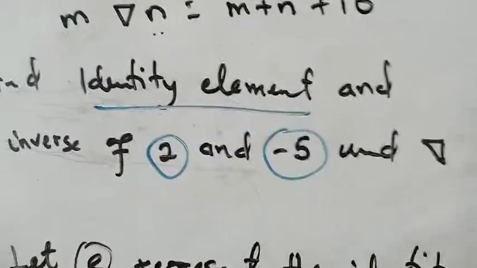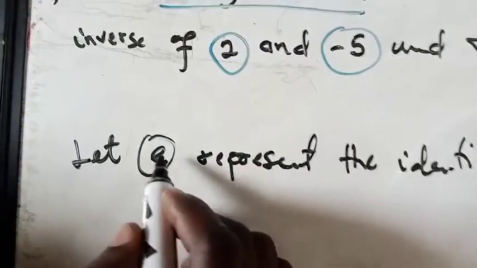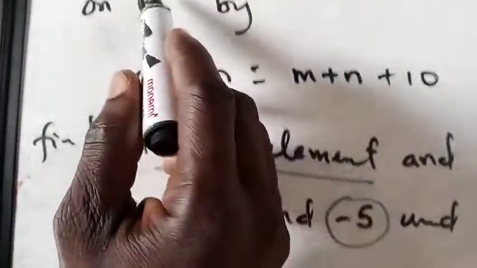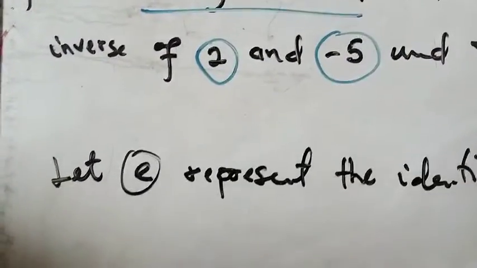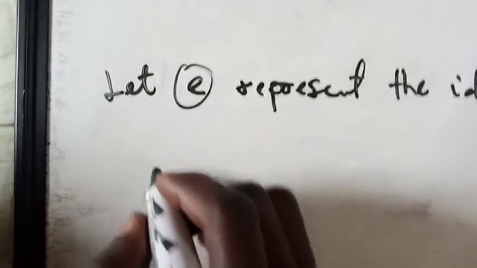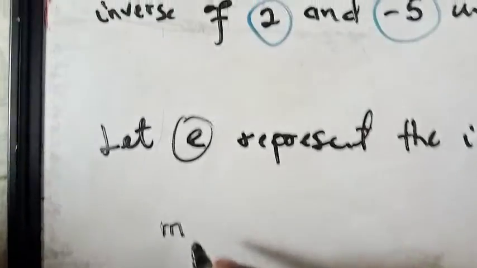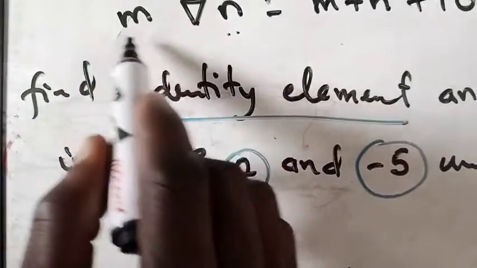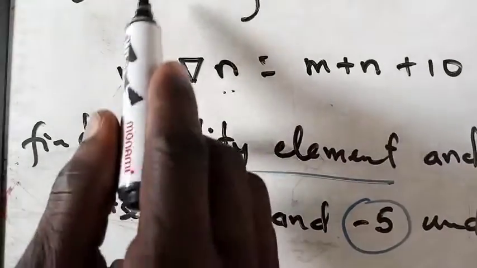Now, you have to know this. For you to determine the identity element, there are many people in this house. The key is that if you pick anybody, let's say M, and I'm using M here because we already have M and N, two people from the house.